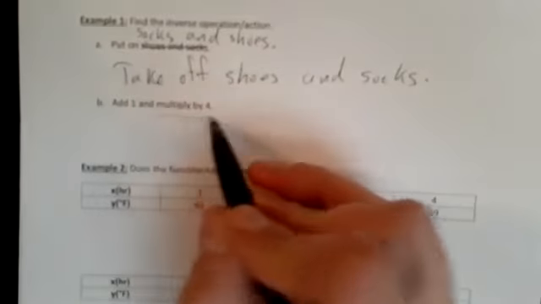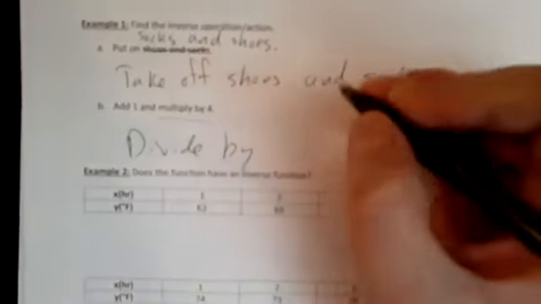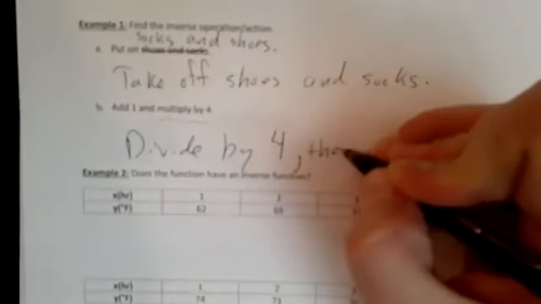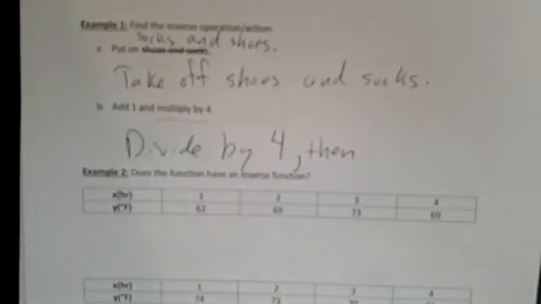So if I want to undo multiplication, the first thing I should do is divide. And I divide by the same number I multiplied by. I divide by 4, then I'm going to undo the add 1. I'm going to subtract 1.